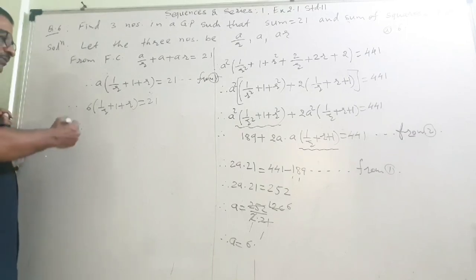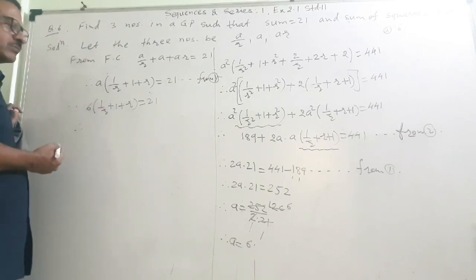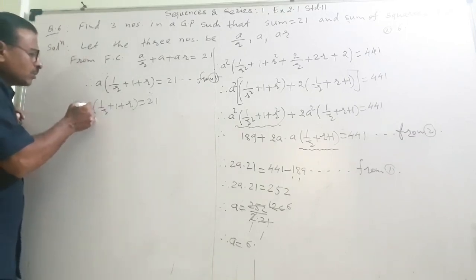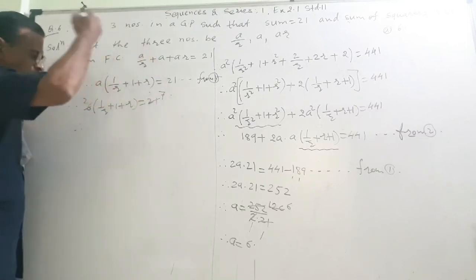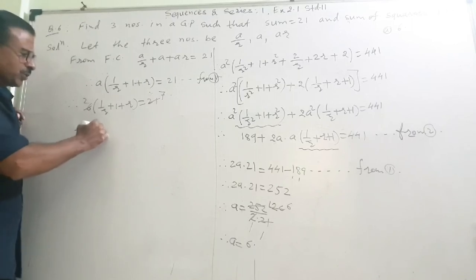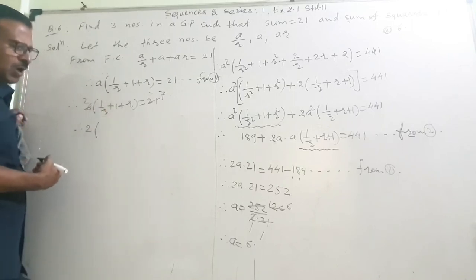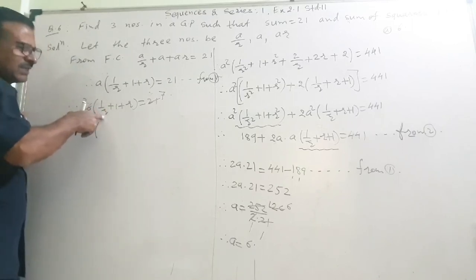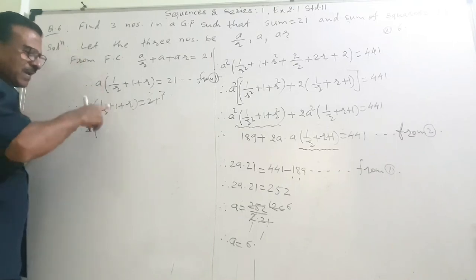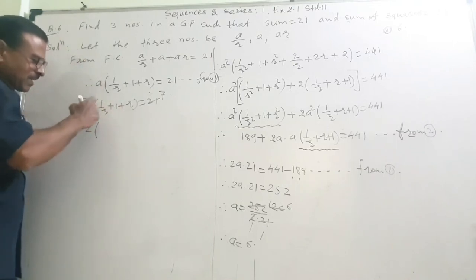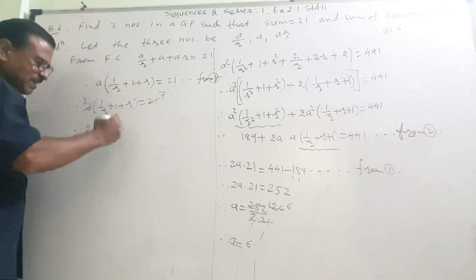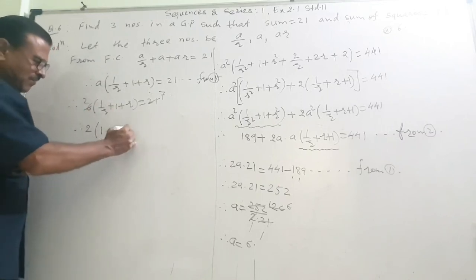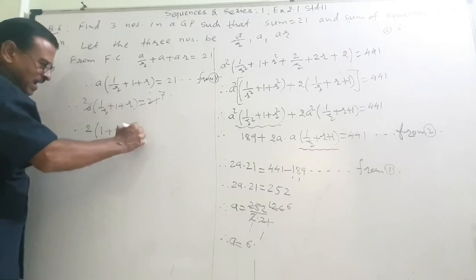Okay, and then I will go on. 3 sixes, 3 sevens are 21. That way I will take. So I will solve this now. This is r in the denominator, so multiply each term by r. If I multiply this by r, it will be 1. Plus, if I multiply this by r, it will be r. If I multiply this by r, it will be r square.